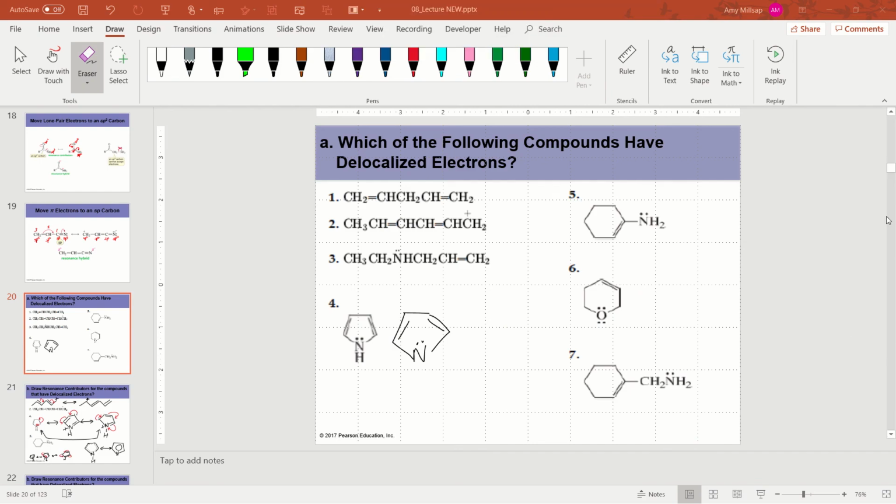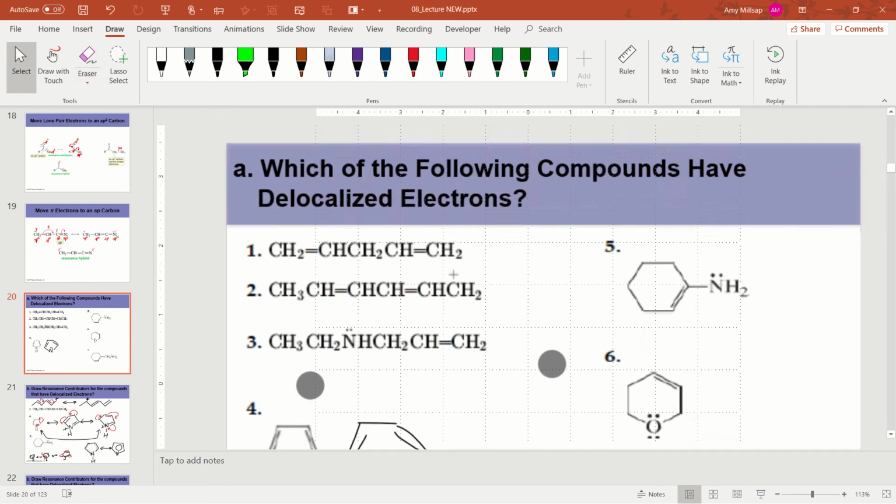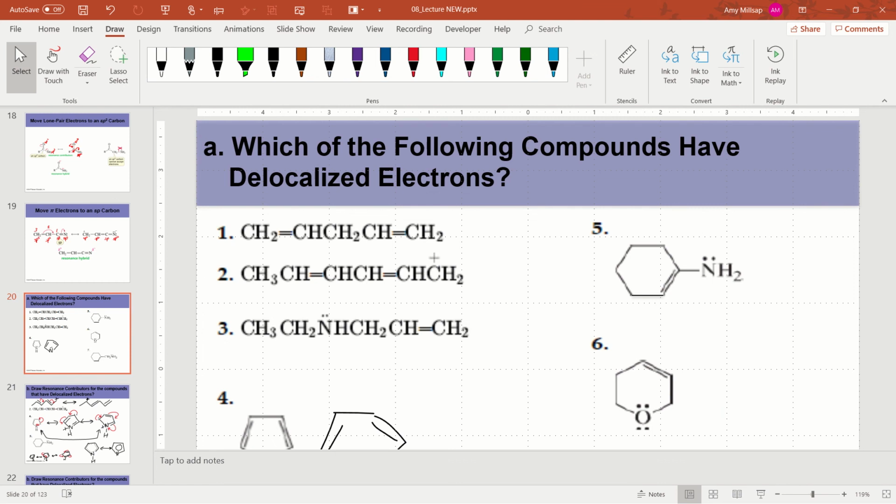Okay, so let's look at this practice problem. And I'll stay in this view because it's just easier for me to manipulate and draw in this view. Which of the following compounds have delocalized electrons? So this is all going to hinge on, do we have pi bonds or lone pairs that can move to an sp2 atom?